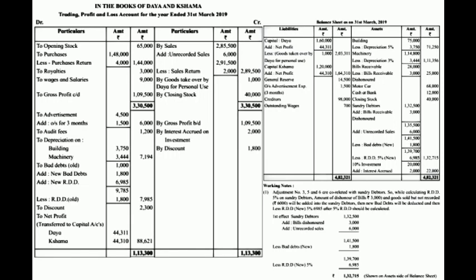So reserve for doubtful debt, that is the new RDD, is always calculated on the balance amount, that is 1,39,700. So children always remember that new RDD is always calculated after the new bad debt balance. Okay. So this amount 6985 is calculated on 1,39,700.